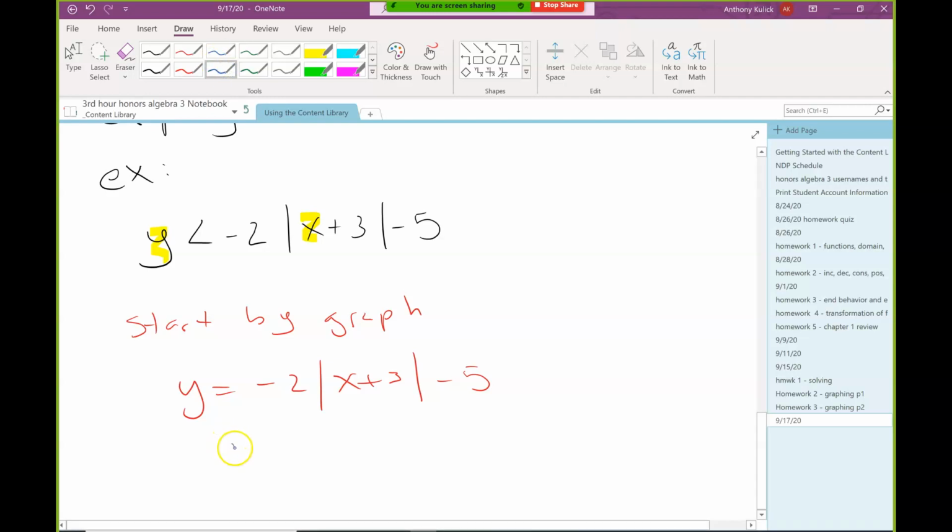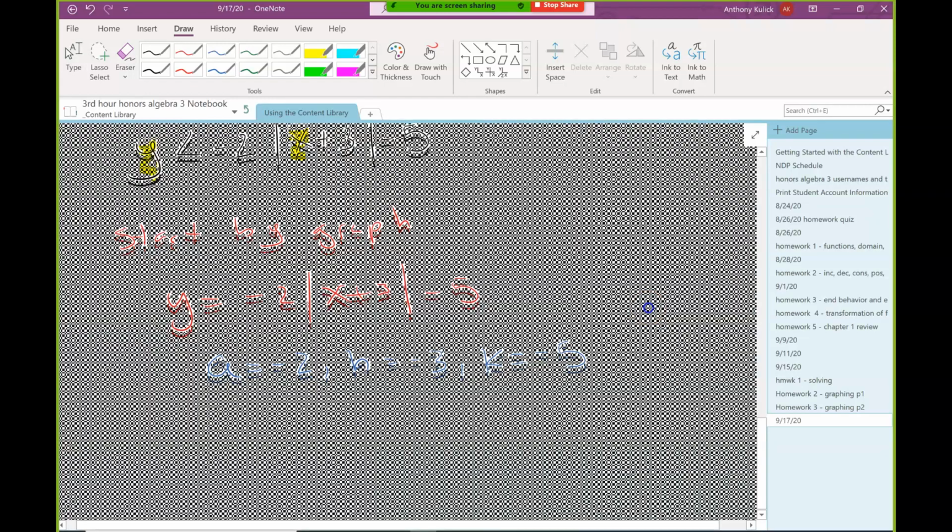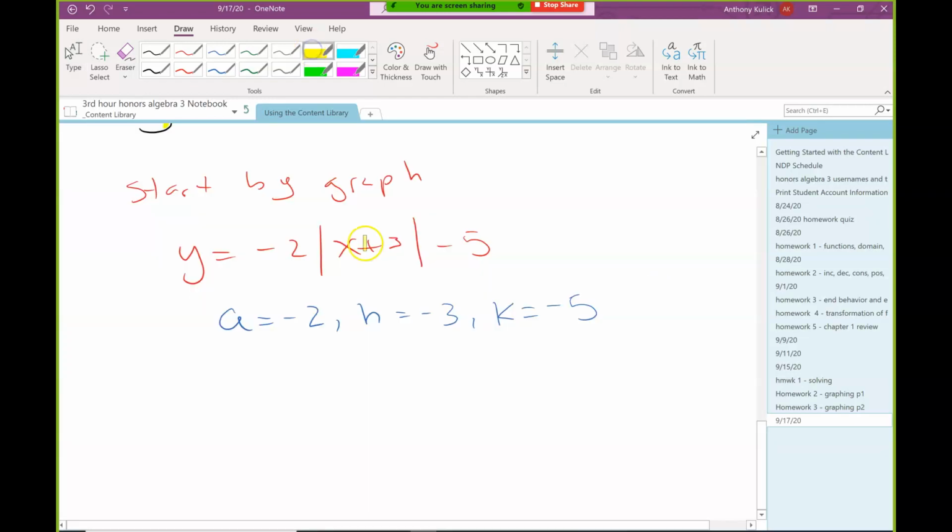So the way that we talked about doing this is we're going to start by identifying the values for a, h, and k. Is everybody okay with how I pulled those values? The place that students make the most common mistake is not remembering that h is always the opposite sign of whatever it appears.